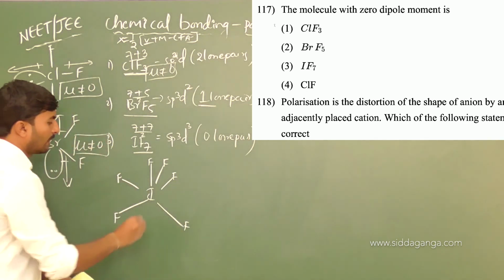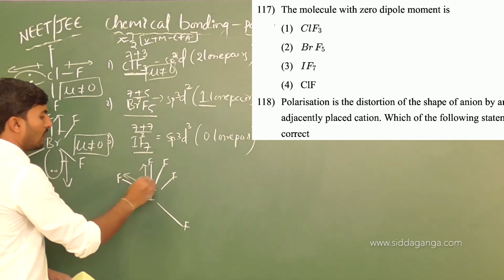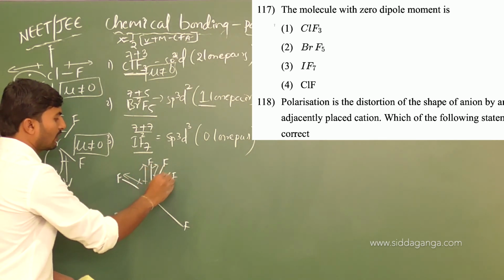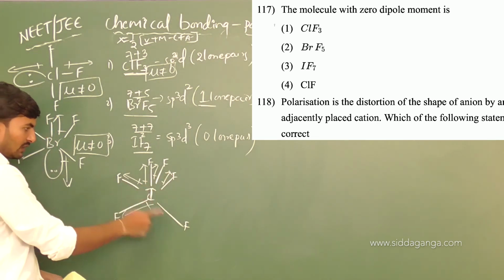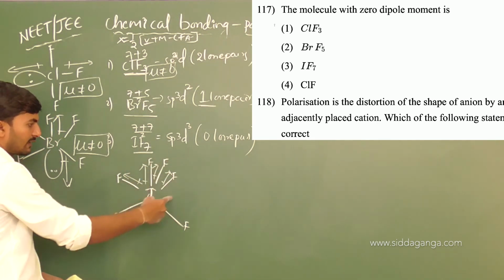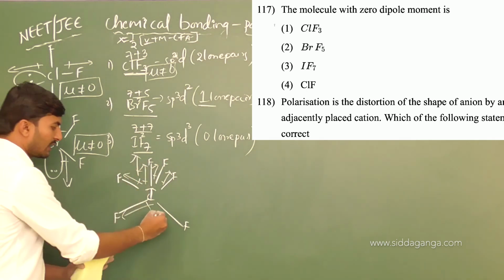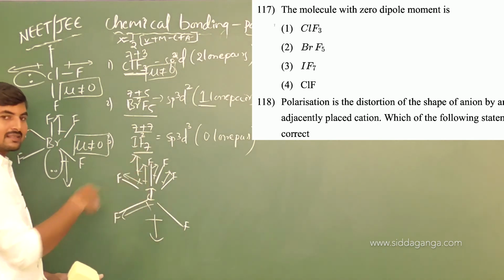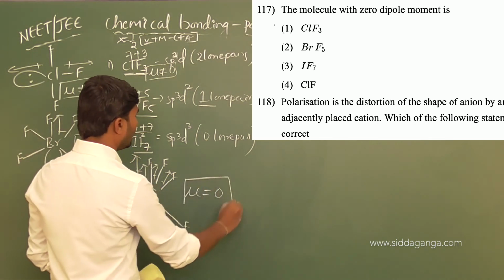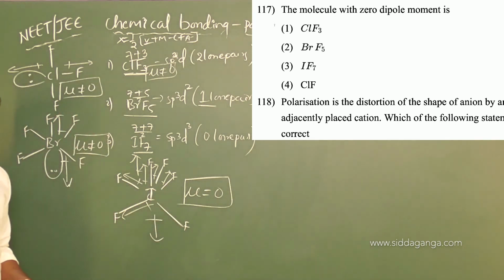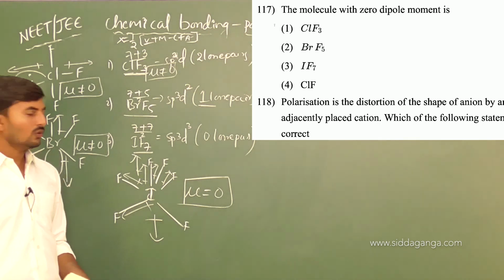So here iodine is less electronegative than fluorine, so all the bond dipoles are in the opposite direction. This will cancel with each other, this will cancel with each other, the resultant of these will be like this. The resultant of these is downwards, both will cancel each other. After cancellation, what comes? mu is equal to 0. Okay, the molecule with 0 dipole moment is which one?